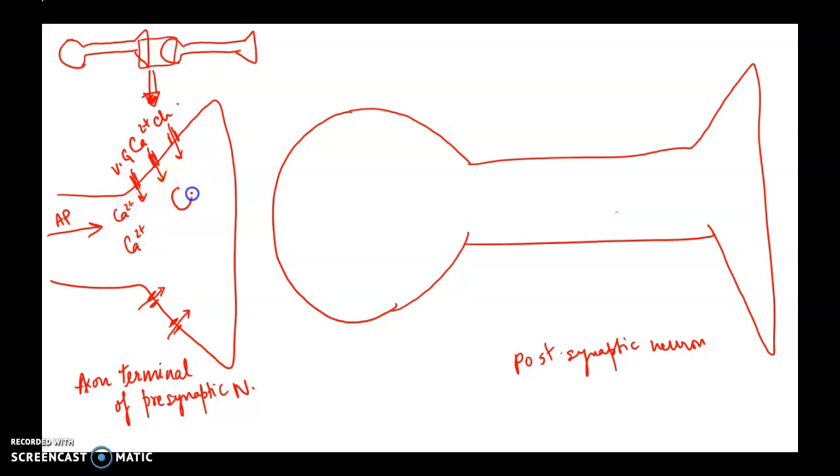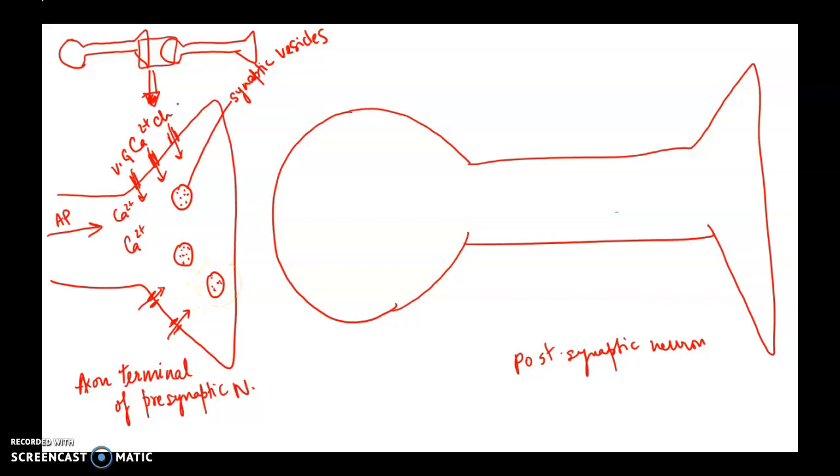Now calcium causes these vesicles. What are these vesicles called? If you remember from muscle lecture, these vesicles are called synaptic vesicles. And these vesicles are filled with neurotransmitter.